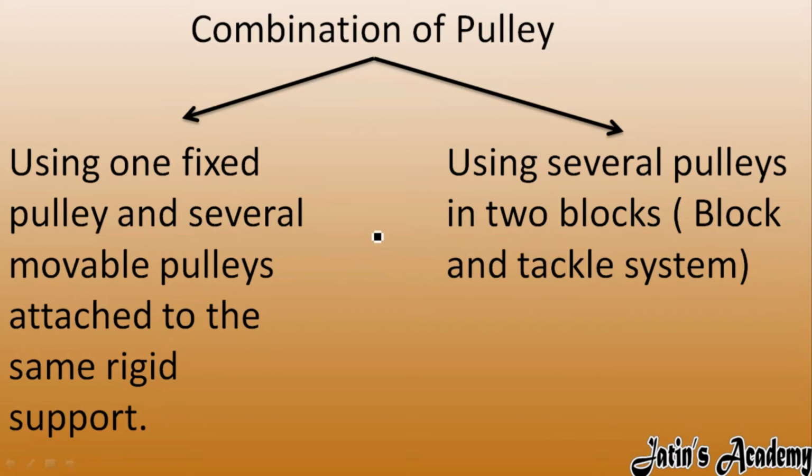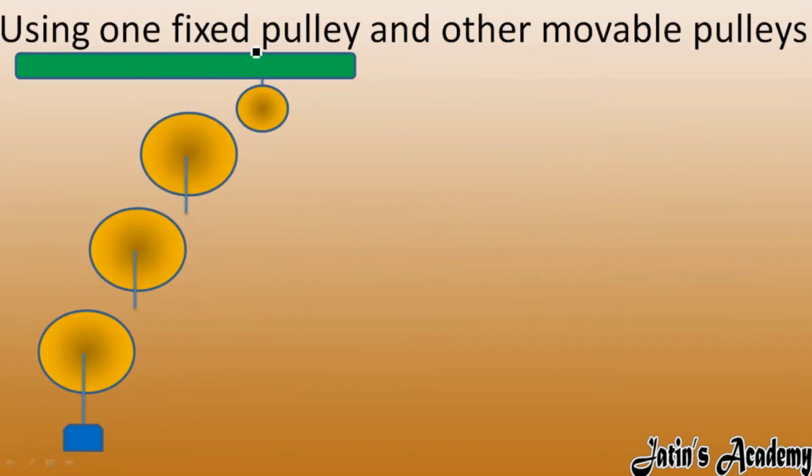So first we have using one fixed pulley and several movable pulleys. Here we have this fixed pulley whose mechanical advantage is 1 and so many movable pulleys. Here we are using 3 movable pulleys. Now one by one we will see each and everything. First we have to calculate the mechanical advantage. So now we have to attach the strings.